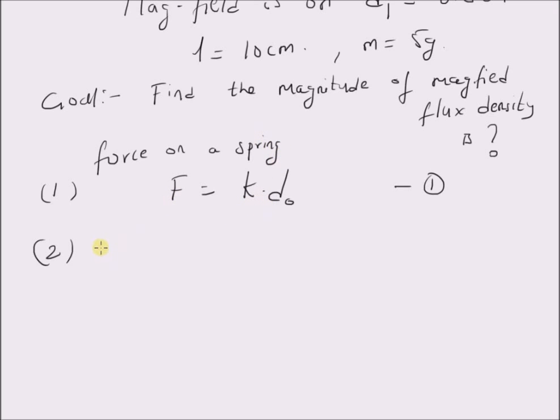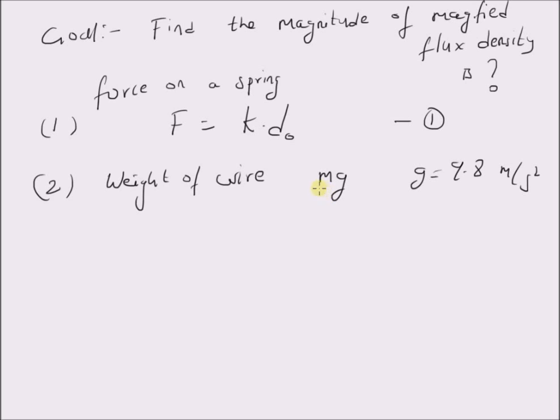And this force is balanced by the weight of the wire, which is equal to m into g, where g is the acceleration due to earth's gravity. So since there are two springs, the force acting on each spring should be equal to half of this weight.